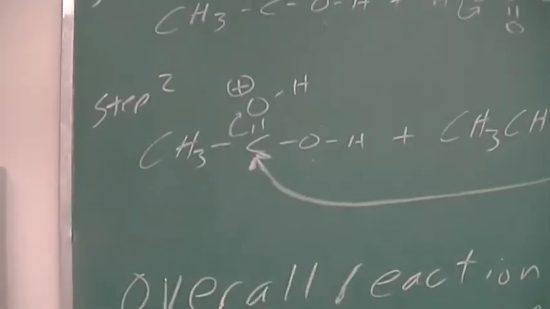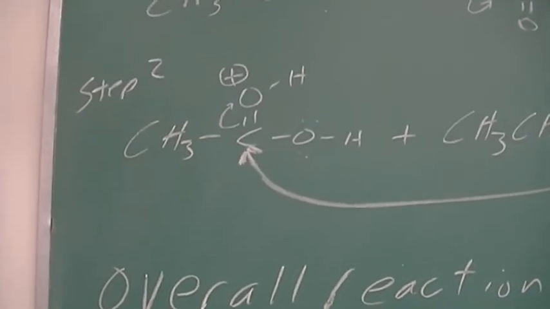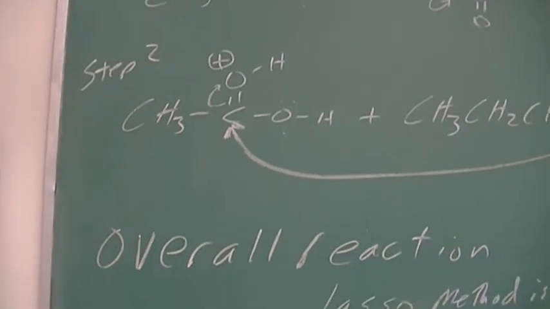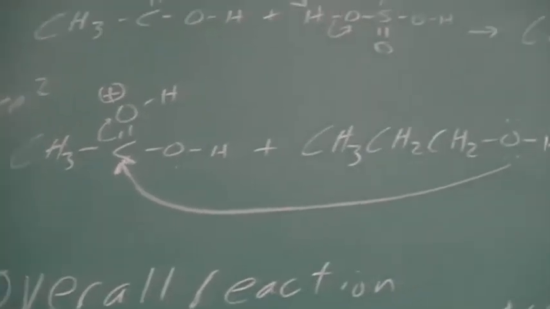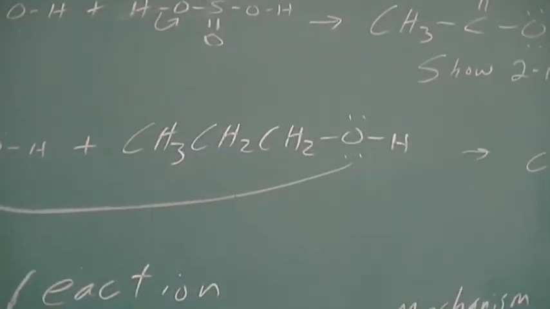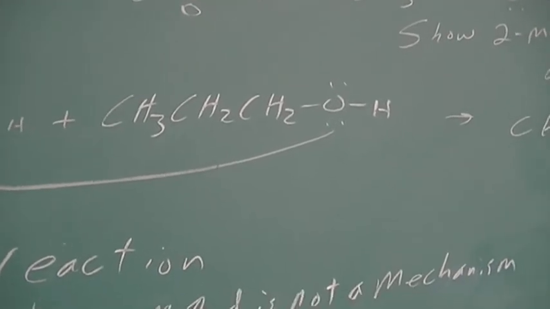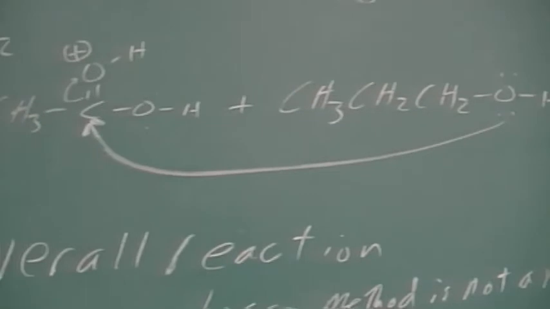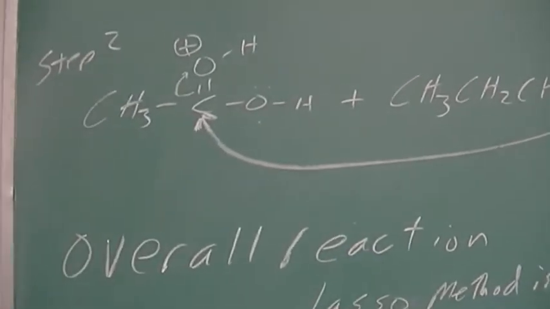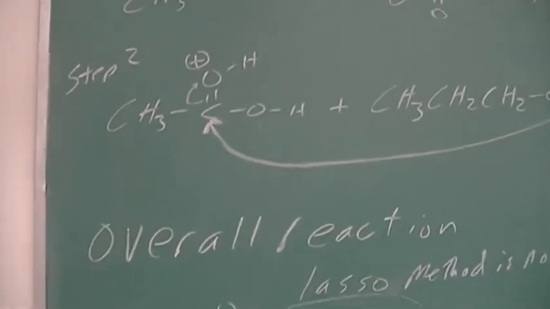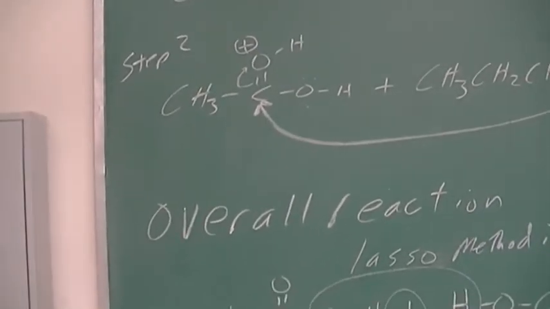Alright, so you take one of those 3 resonance structures that are all the same, and I'm going to take the one that we wrote up on the board, and that is going to react with your alcohol. In this case, we used N-propyl alcohol. And so the electron pairs of your oxygen attack the carbonyl carbon, and if you have your resonance structures correct, one of them will have a positive carbon here.